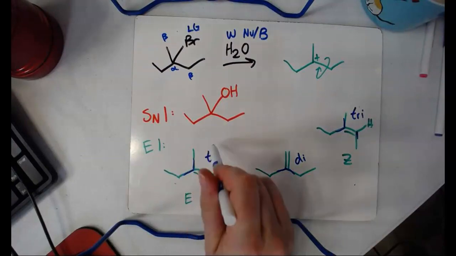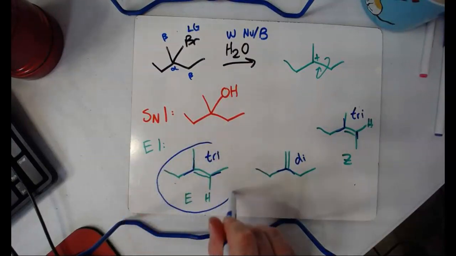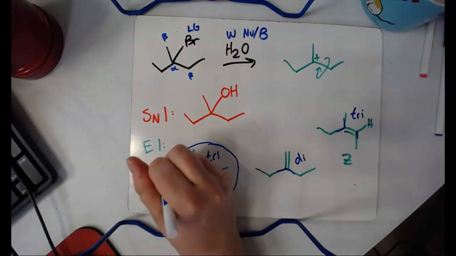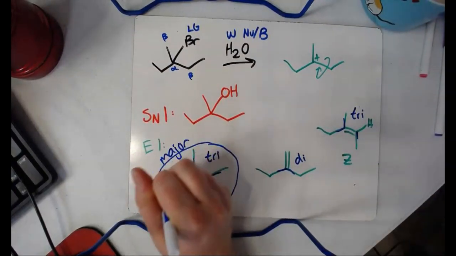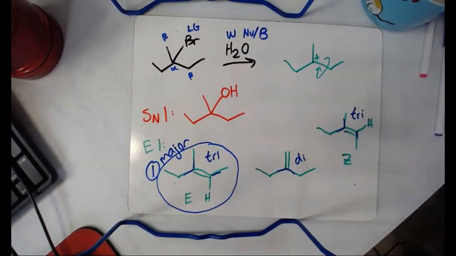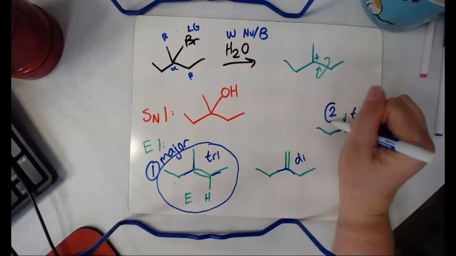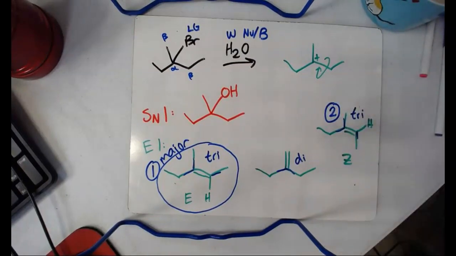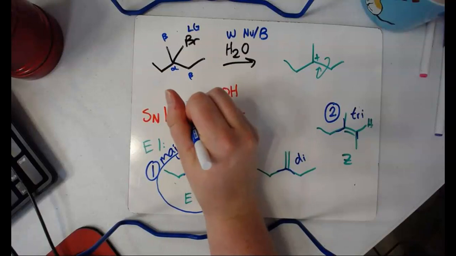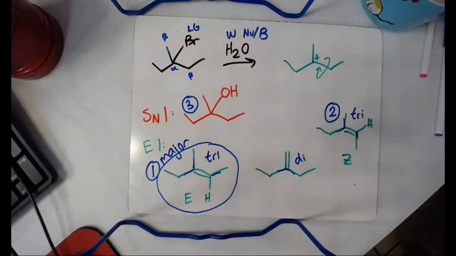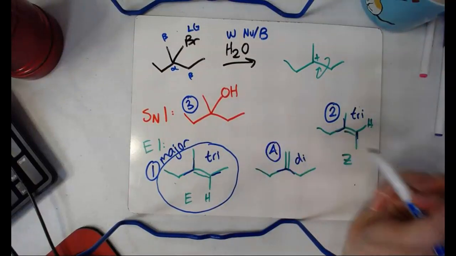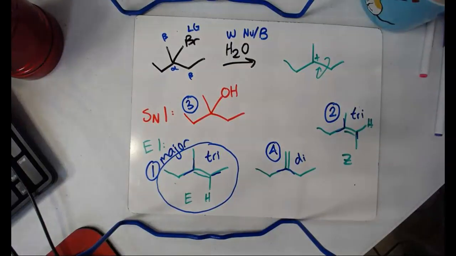So this right here is going to be my major product. So I'm just going to call this guy number 2 because it's also tri-substituted. This will be number 3. The di-substituted will be number 4. So our SN1 ranks in below the tri- and tetra-substituted alkenes when we're looking at those competitions.